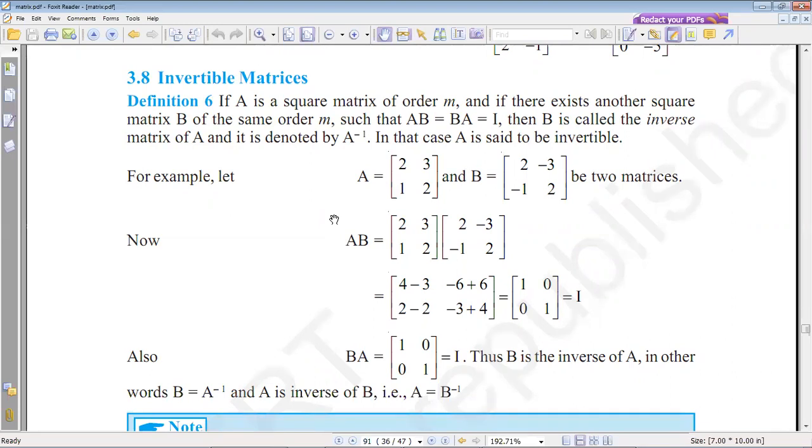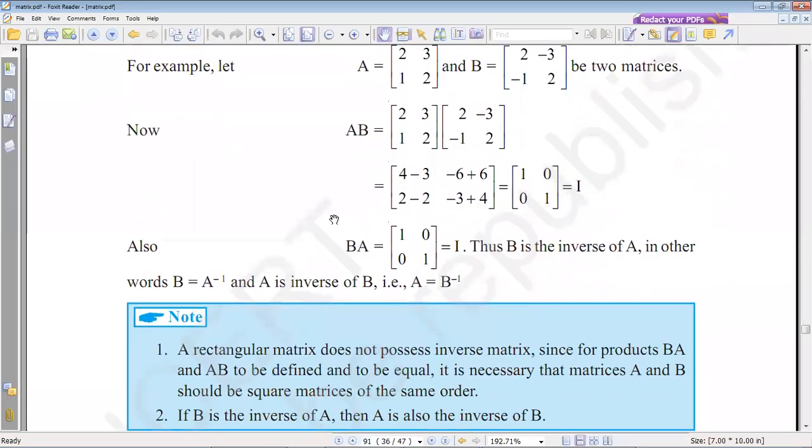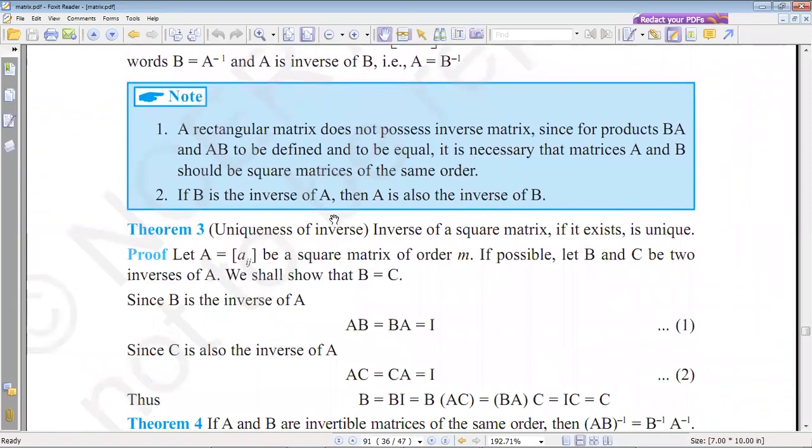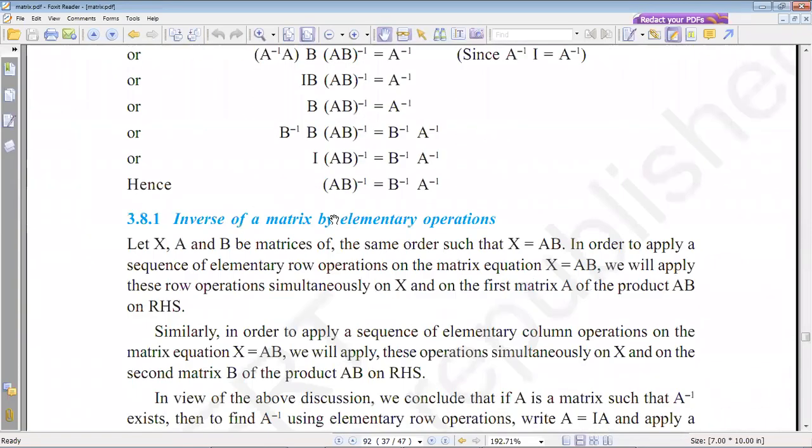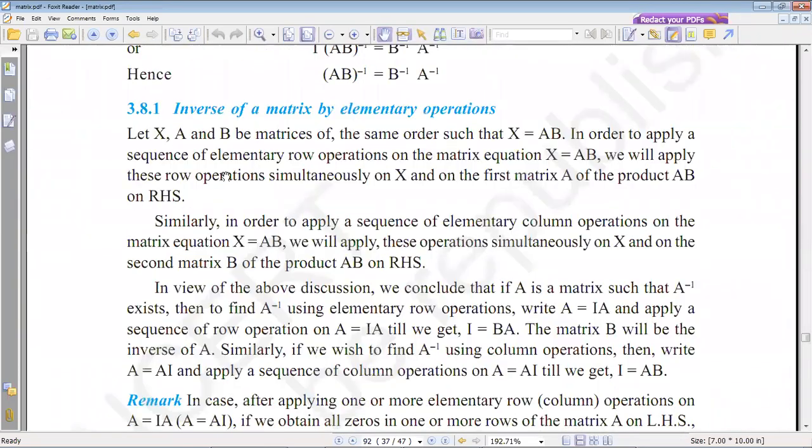To find the inverse of a matrix, we have to use elementary row transformation or elementary column transformation. See here.